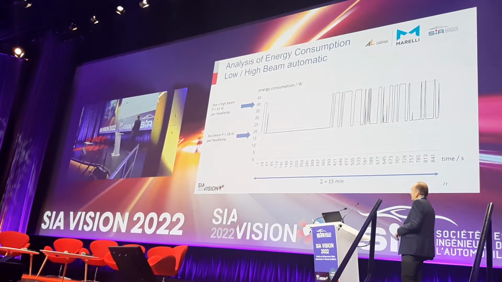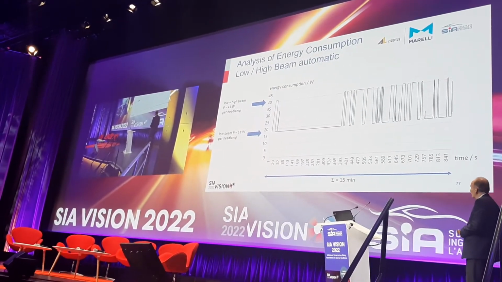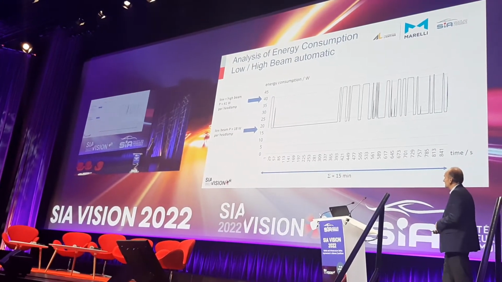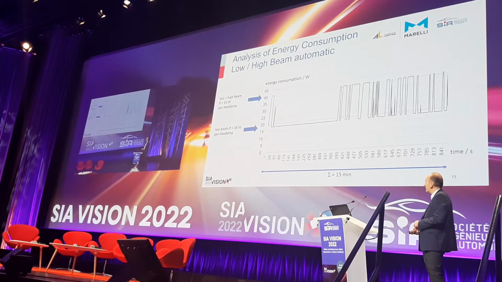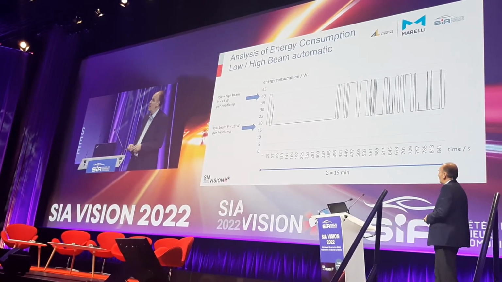Here the first graph I want to show is a ride along a country road of about 15 minutes, given here in seconds, 900 seconds. On the y-axis you see the electrical power consumption.